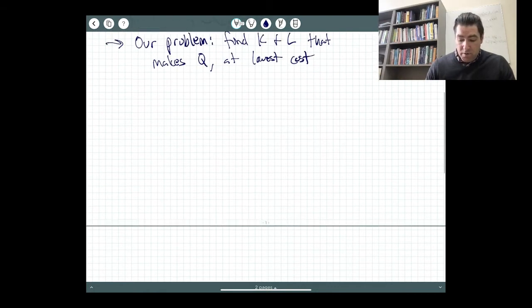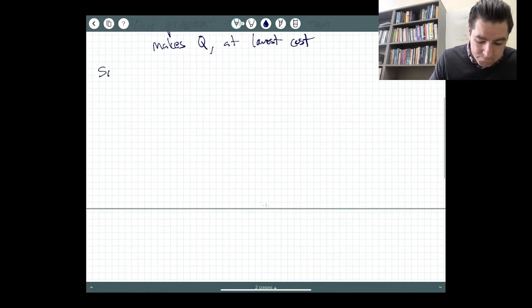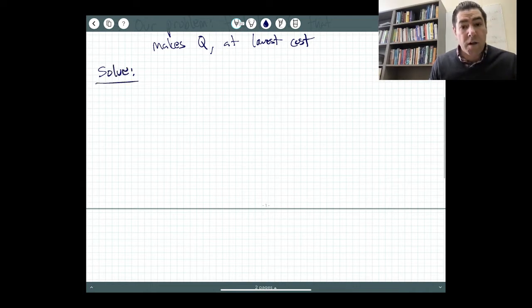doing the cost minimization. What I'm going to solve is the following problem.